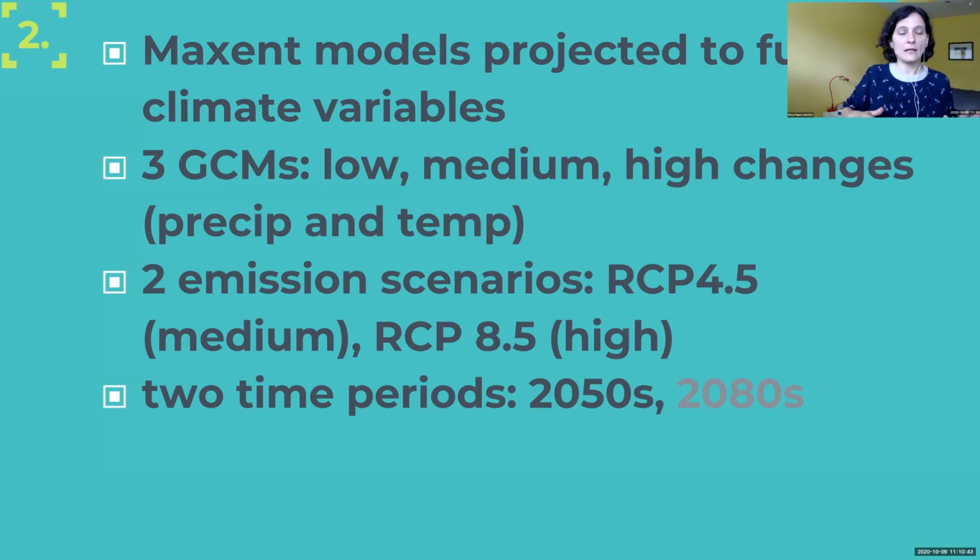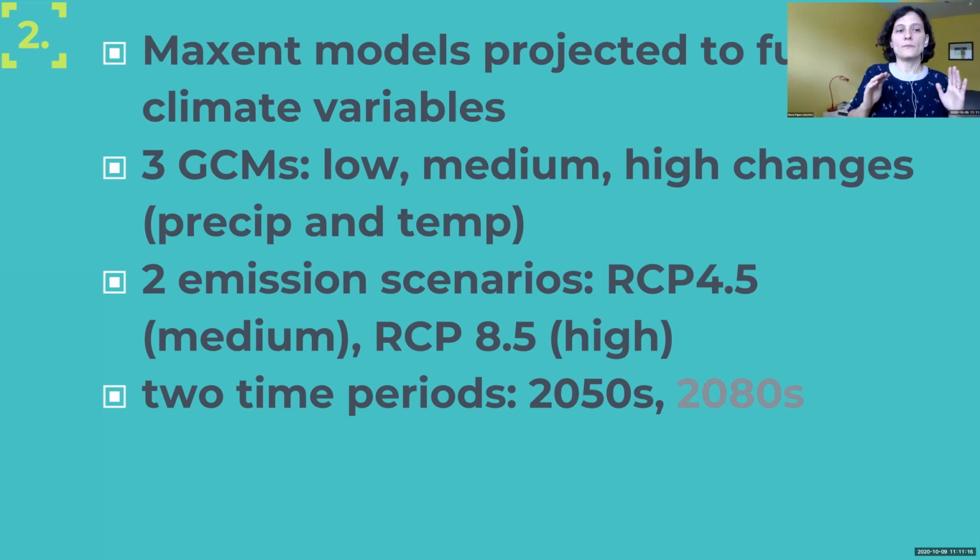For this study, we used three global circulation models that are predicting low change, moderate change, and then high change in precipitation and temperature. And for each of these global circulation models, we considered the temperature and precipitation under two greenhouse gas emission scenarios, the moderate RCP 4.5 and then the high RCP 8.5.